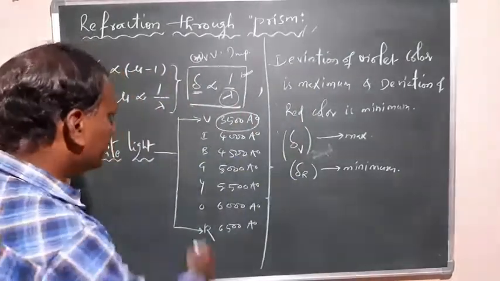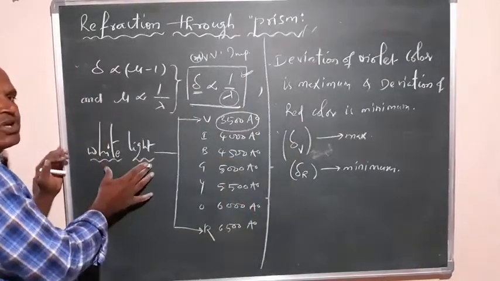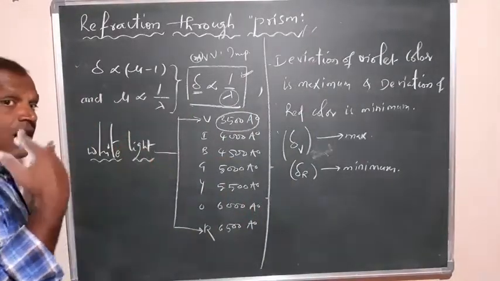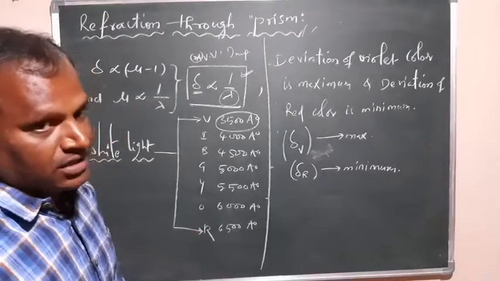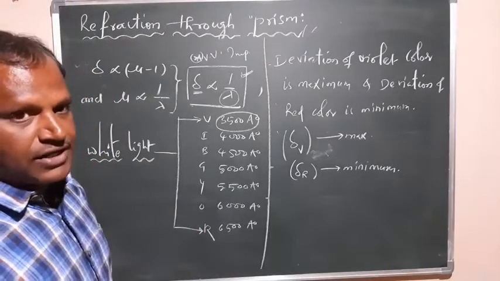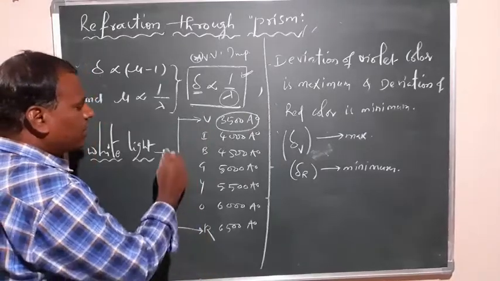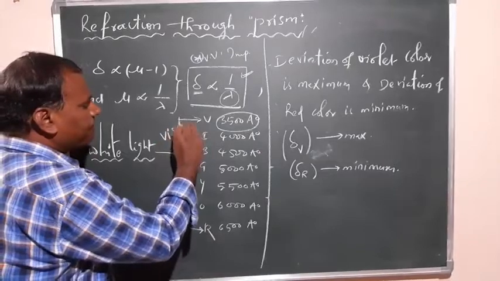VIBGYOR is called the visible spectrum. White light has all wavelengths, but we cannot see all of them. Only the light we can see is called visible light, which consists of these colors only. Therefore I can say it is the visible spectrum.